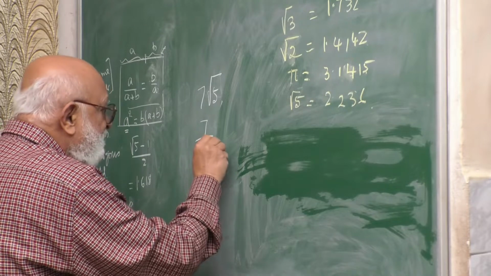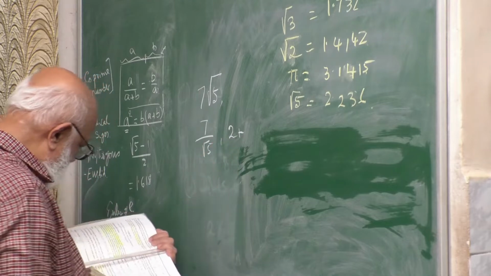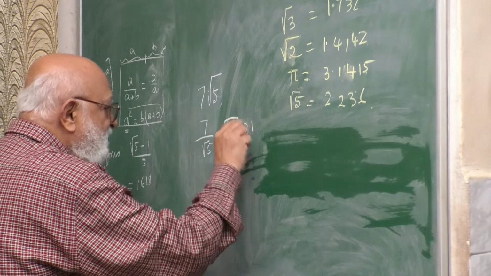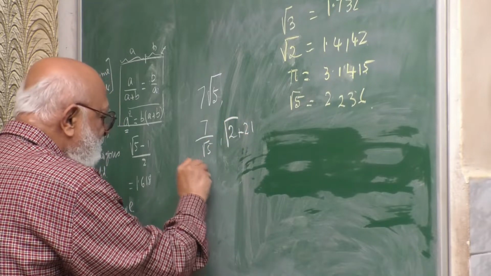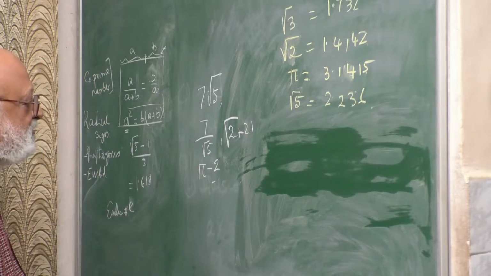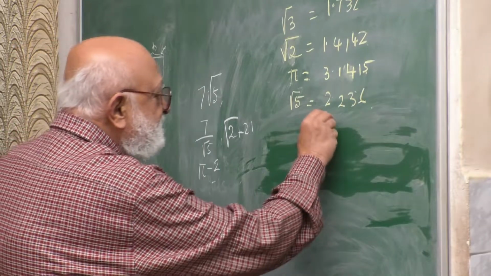Then it has given 2 plus root 2 plus 21, and it has given pi minus 2. Okay, how do we handle this? I have given the value of this.